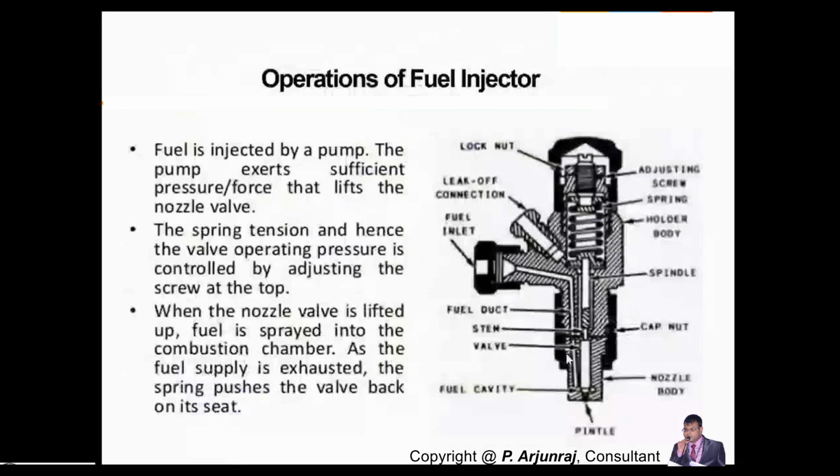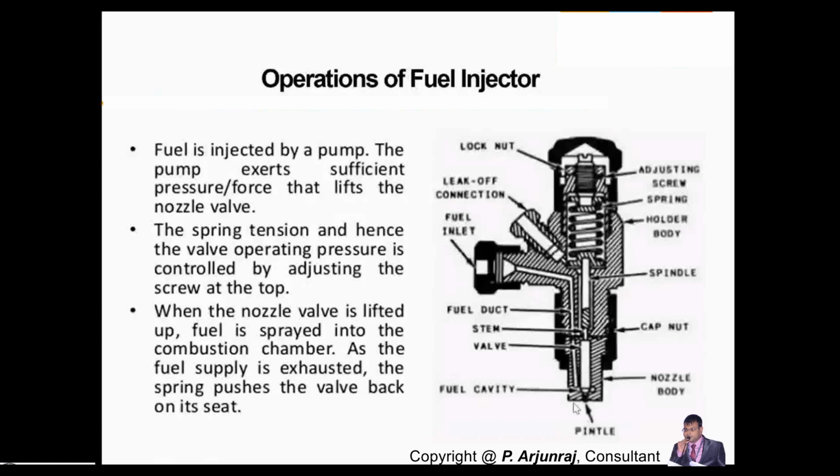Meaning, when the needle valve is lifted up because of high pressure, it is allowing the fuel to go to the nozzle. The higher the lift, the higher the amount of fuel into the nozzle, which means the effective area is increasing.